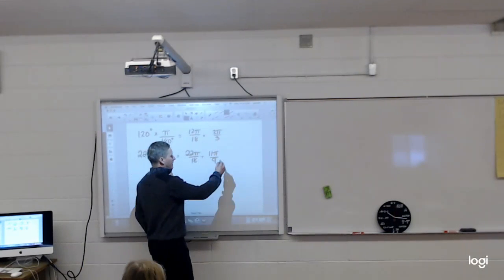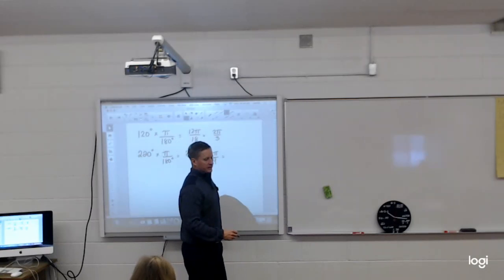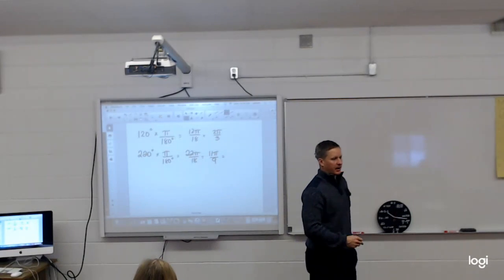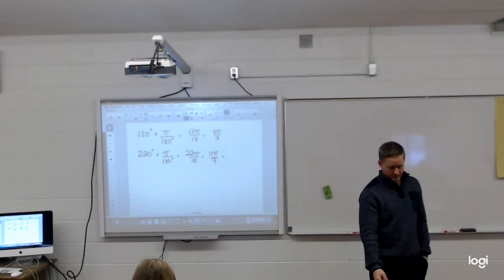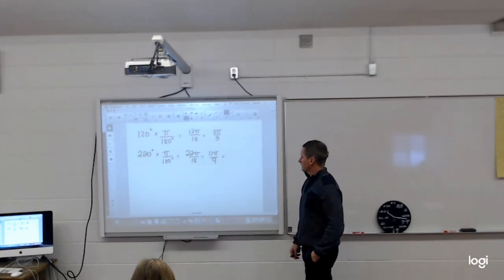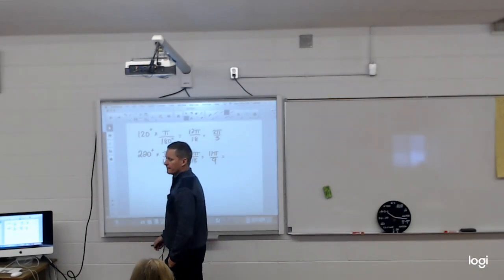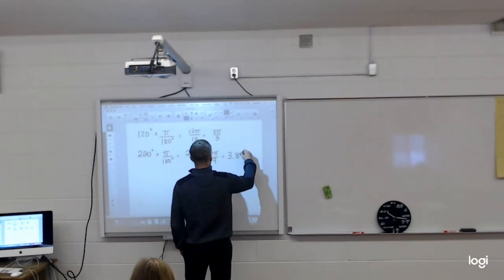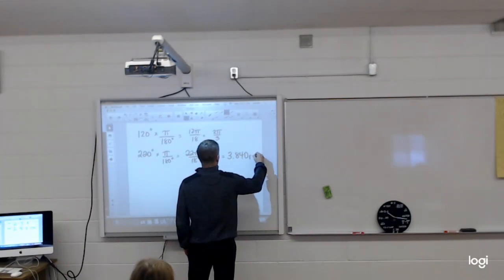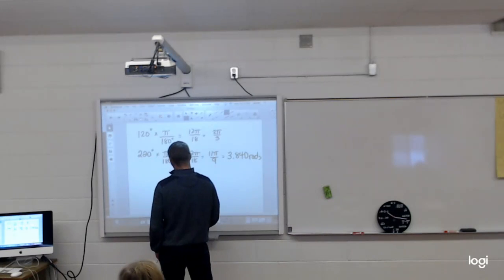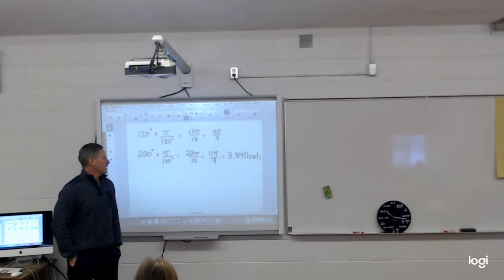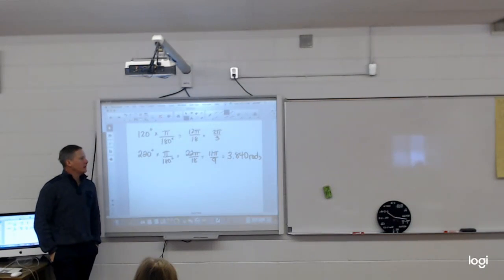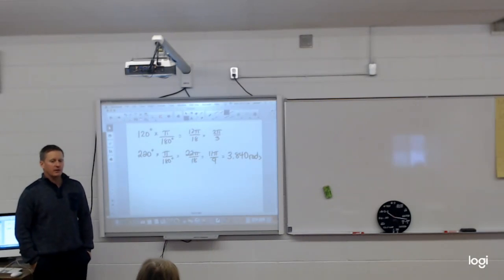Punch that into your calculator to 3 decimal places: 11 times pi divided by 9 is 3.840. So I can describe that as an exact value of 11 pi over 9 or 3.840 radians.